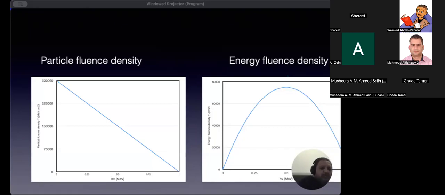Using the particle fluence, we can calculate the energy fluence. All we need to do is, for every point here, multiply it by the energy, using the formula. This is a straight line, we multiply it by the energy, and we get a parabola shape. This is the energy fluence density.